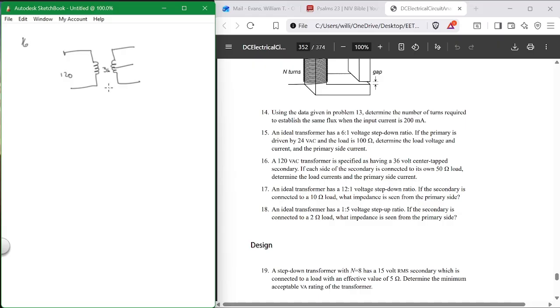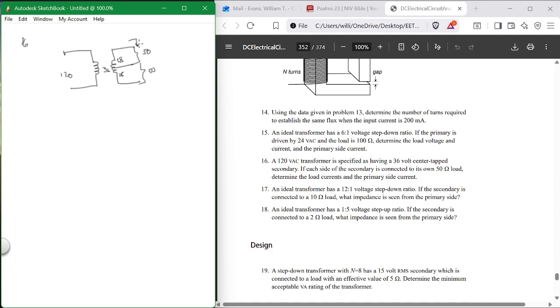And each half has its own 50 ohm load, okay? So there's 50 ohms here, there's 50 ohms here. So the 36 is split in half with 18 here and 18 here. Now, what is the I up here?